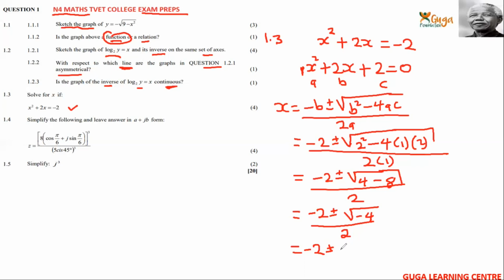You can say you've got the square root of 4 multiplied by the square root of negative 1, divided by 2, right?